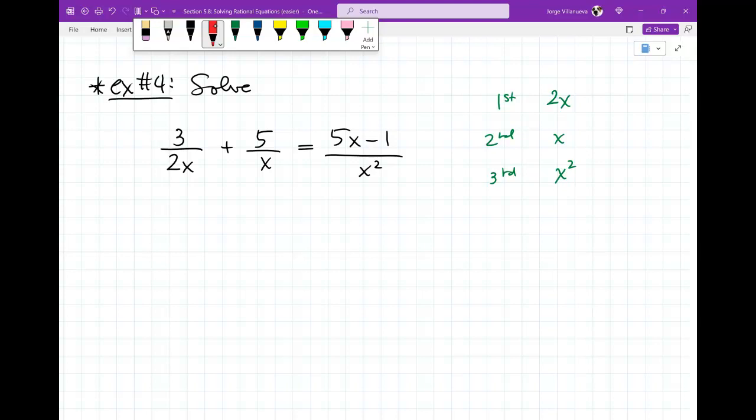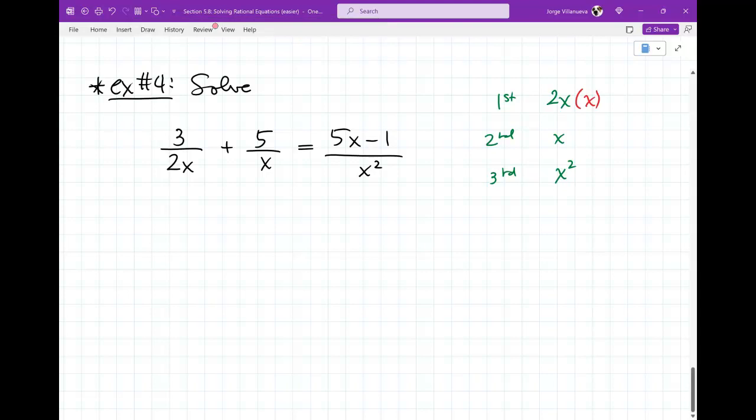For the top, if I want 2x squared, I need to multiply it by an x, right? That's going to give me 2x squared. For the bottom one, the second one, if I want it to be a 2x squared, what do I multiply it by? A 2 and an x. For the last one, if I want it to be a 2x squared, what do I multiply it by? Just a 2.